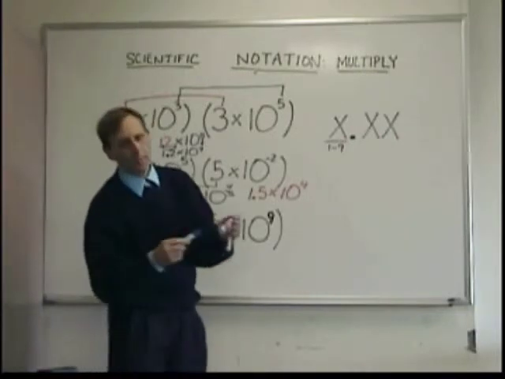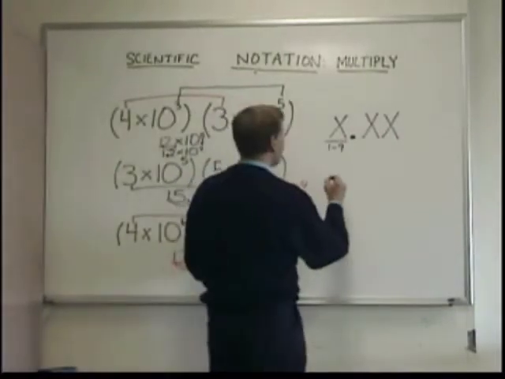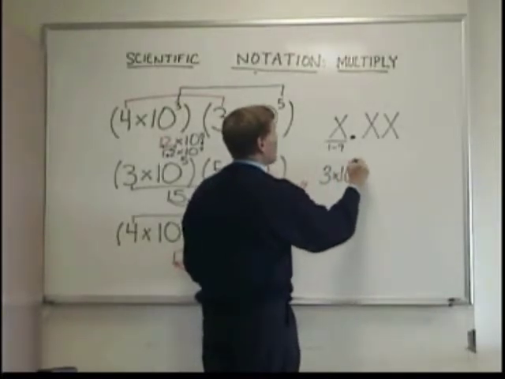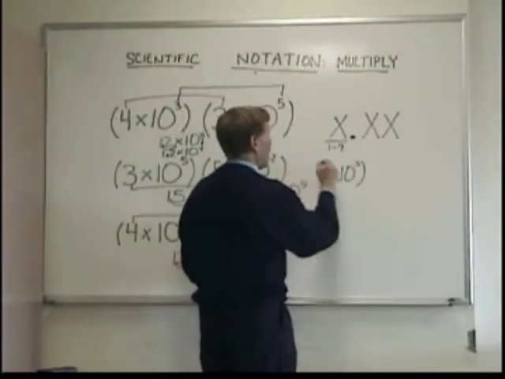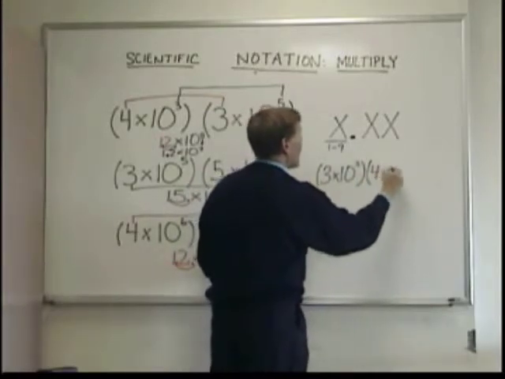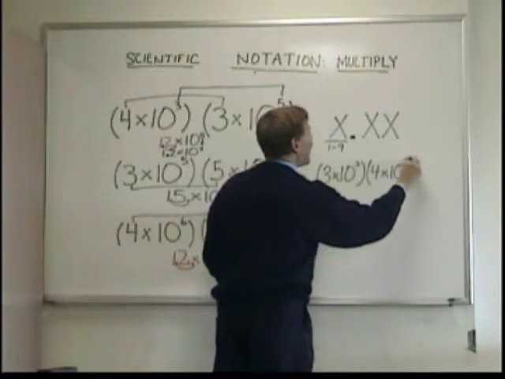Let me give you one more. Let's say I had 3 times 10 to the 3rd, and I multiply it by 4 times 10 to the negative 9th.